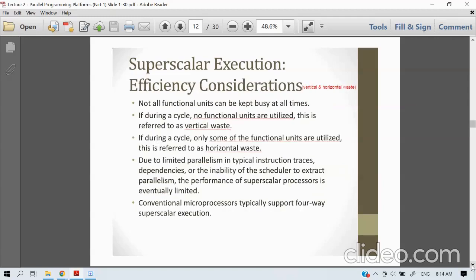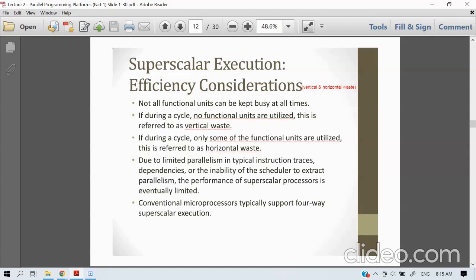Next, another consideration that we need to highlight is efficiency. How do we find out whether the superscalar execution is efficient or not? We need to identify this from several points. The issue is caused by the functional units themselves, whereby not all functional units can be kept busy at all times, so we have some idle time during the parallel process.